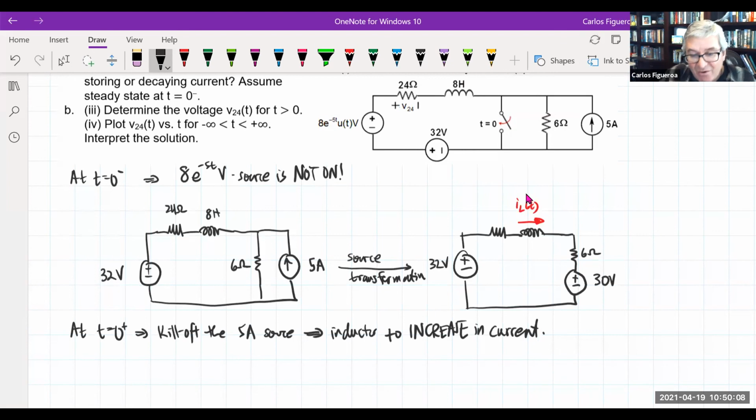So if I calculate an inductor current that shows it's decaying, you know there's a problem. Go back and fix it.